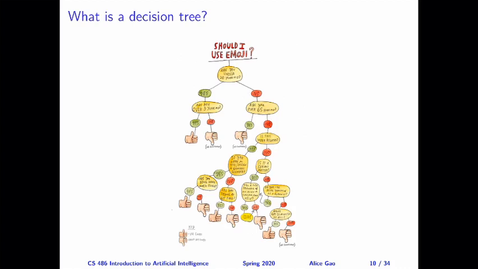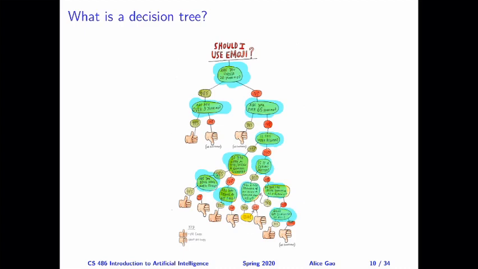So what is the structure of a decision tree? In a decision tree, we have internal nodes. Those are the nodes I'm highlighting. For each internal node, we are performing a Boolean test on an input feature.